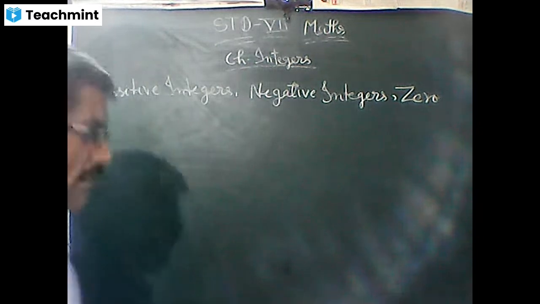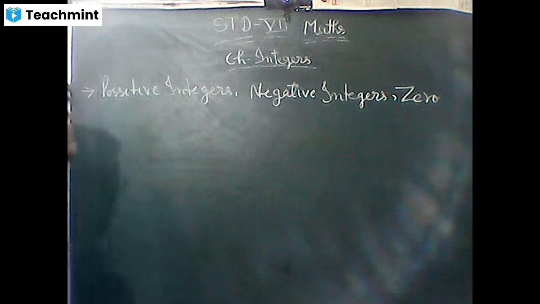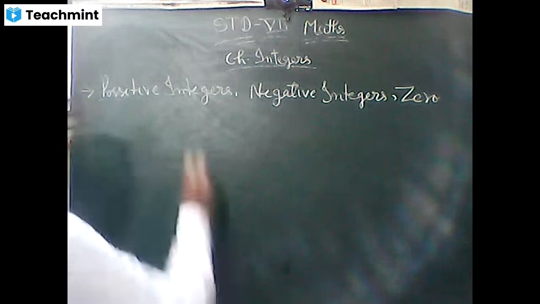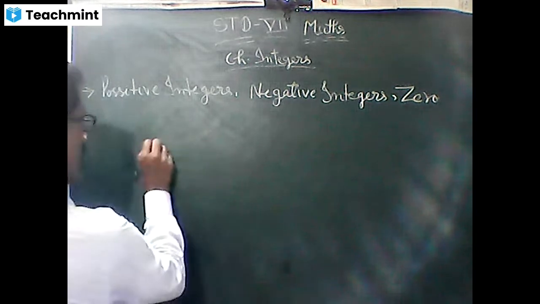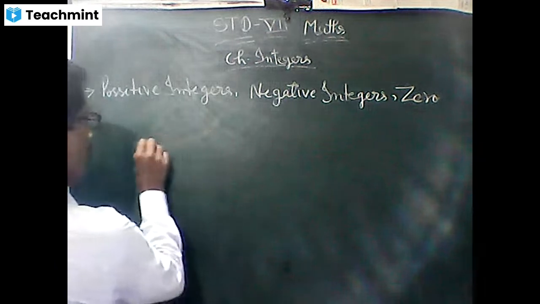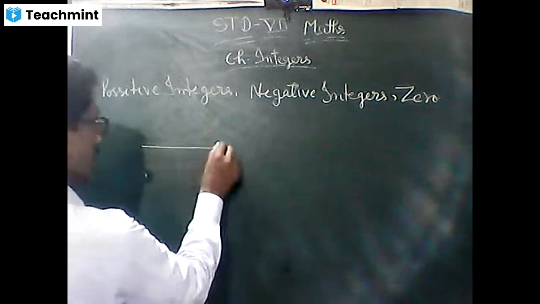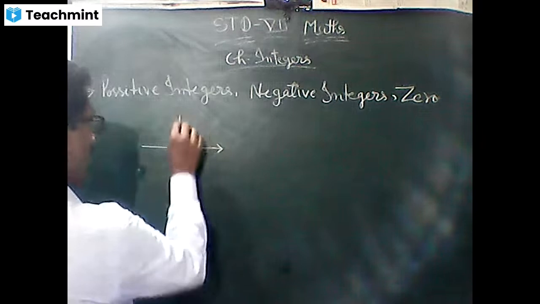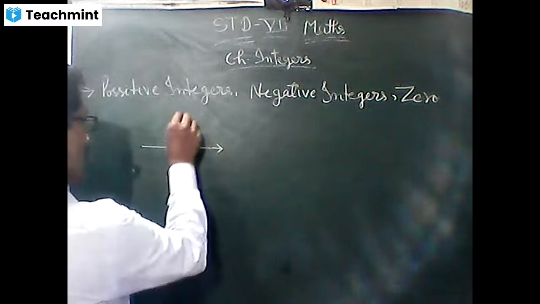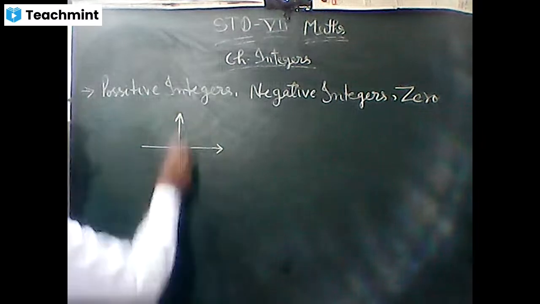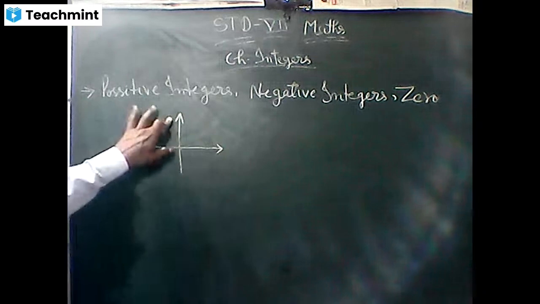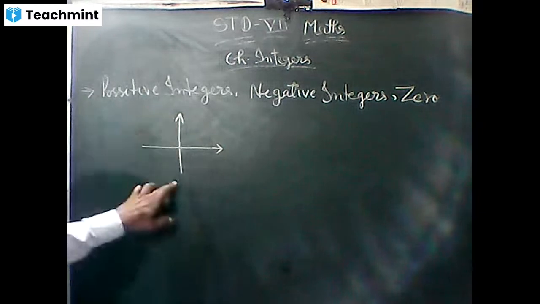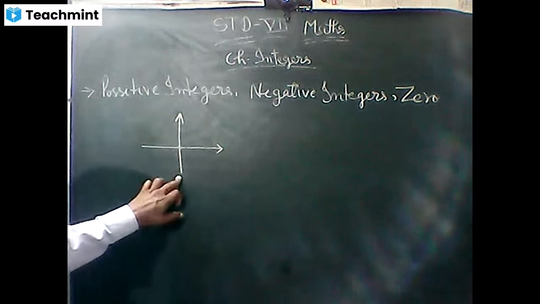What is positive and what is negative? As we have to read in our numbers, if we move to east, that is positive. If we move to west, that is negative. If we move to north, that is positive. If we move to south, that is negative.